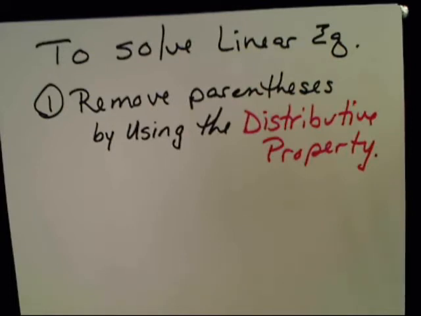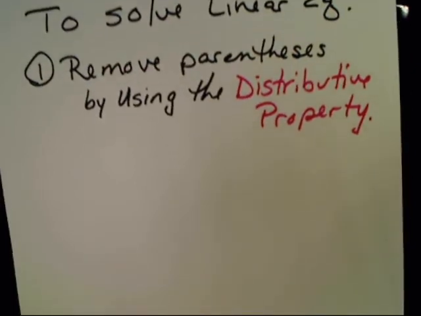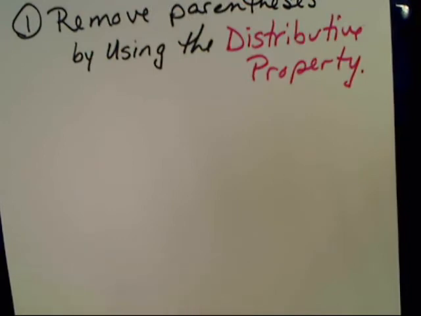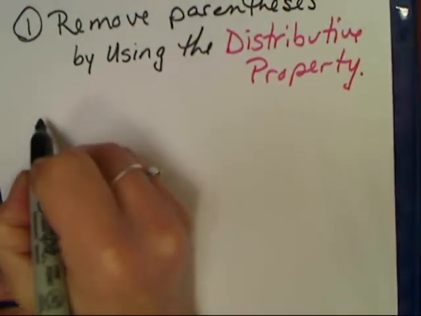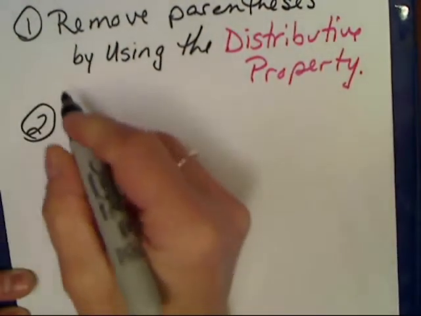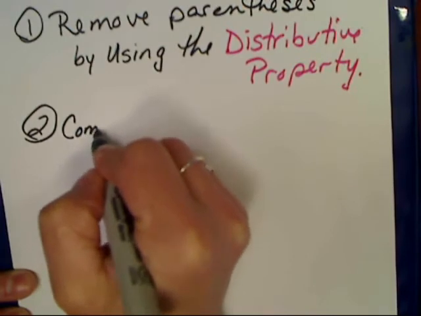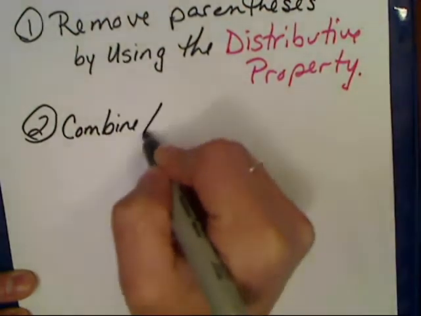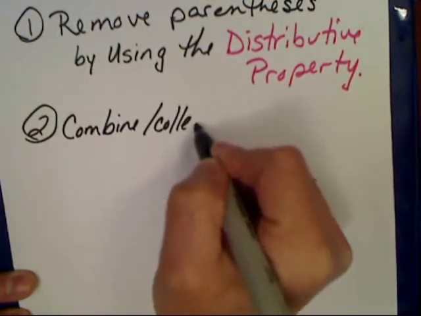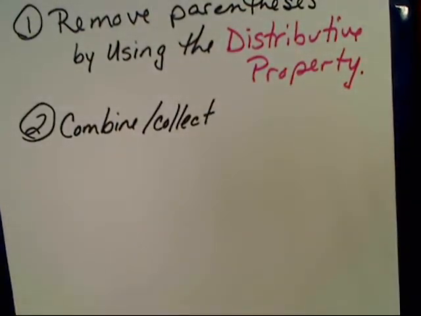The second step we do is to collect or combine like terms. After we use the distributive property, we might have like terms, like we did in that last example, that we have to combine. We want to simplify things next, so that's our second step, is to combine or collect, your book calls it, I think, like terms on both sides of your equal sign.